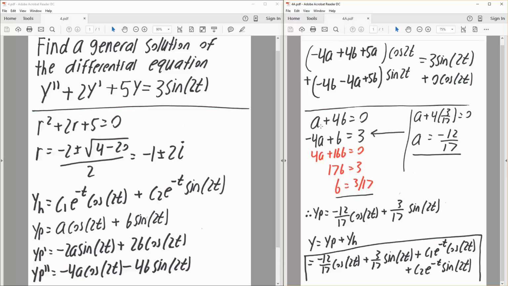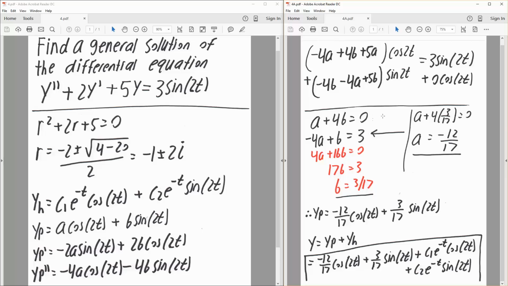So a plus 4b is equal to 0. Then we do the same thing for sine 2t. We have negative 4b plus 5b, so that's b minus 4a is equal to 3 sine 2t. So negative 4a plus b is equal to 3.